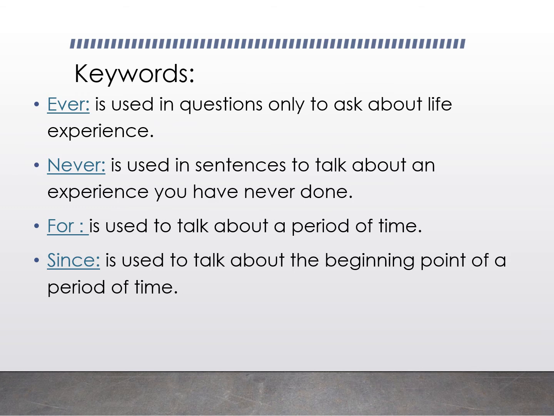So I am talking about the whole period of time during which I lived in this house. In number two, talking about since. Since is used to talk about the beginning point of a period of time. So I say, I have lived in this house since 2019. So when did you start to live in this house? In 2019. I am talking about the start.